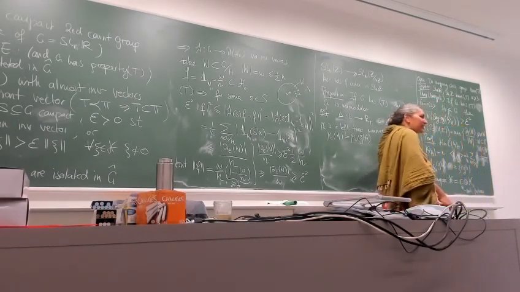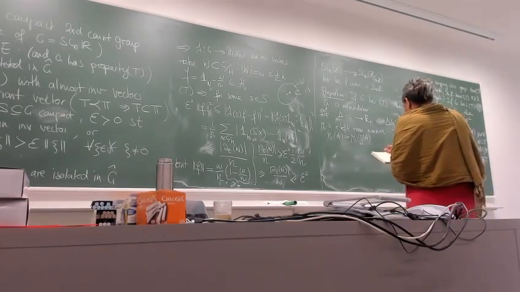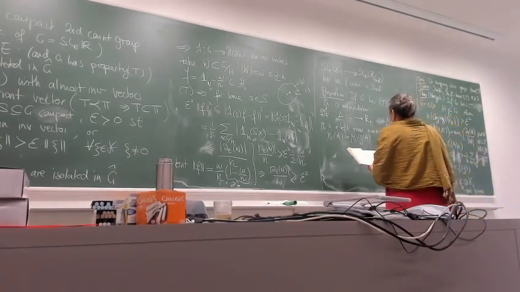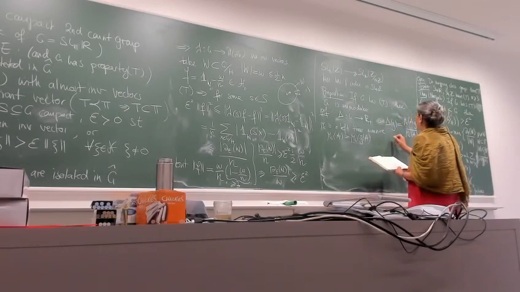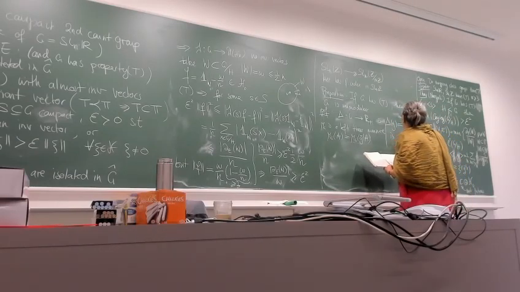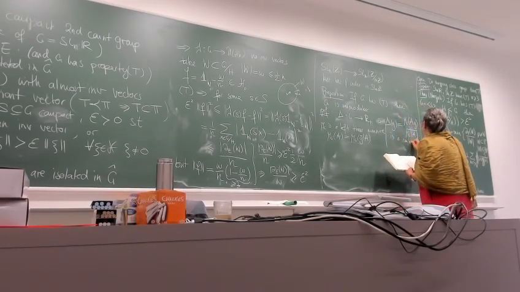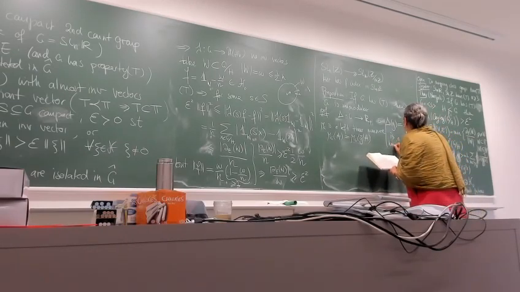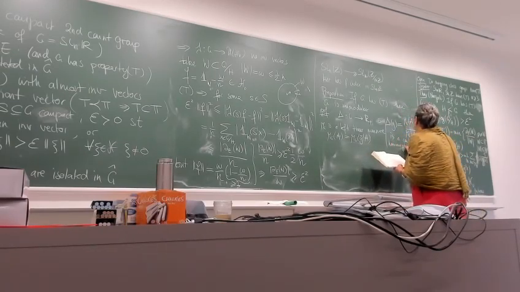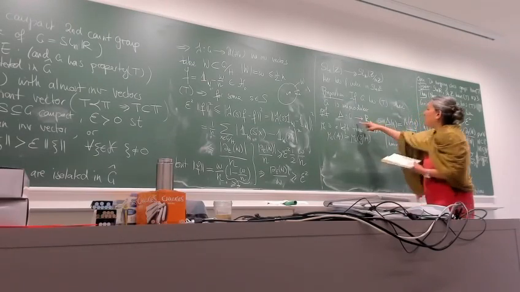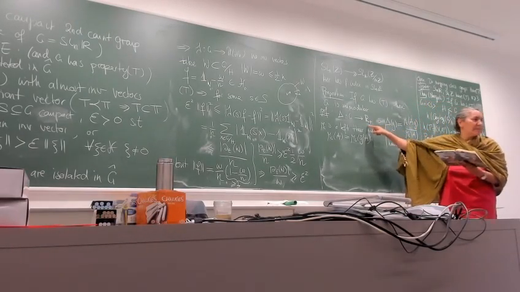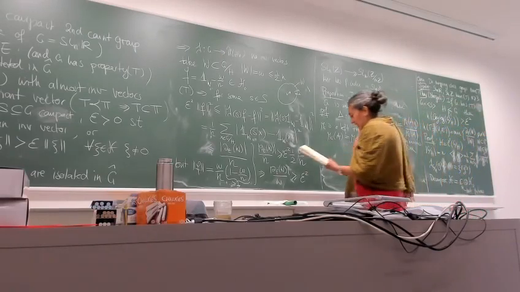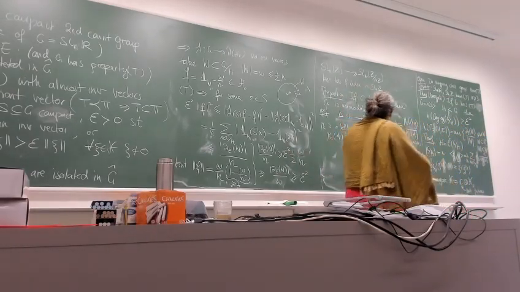So it's not trivial that it's well defined, but it is. And the thing is that delta is a continuous homomorphism to R plus multiplicative.